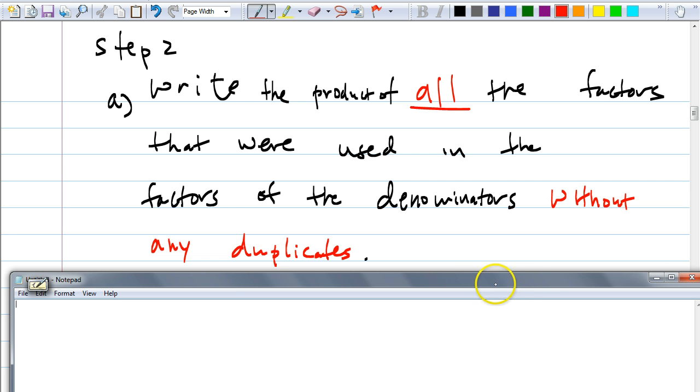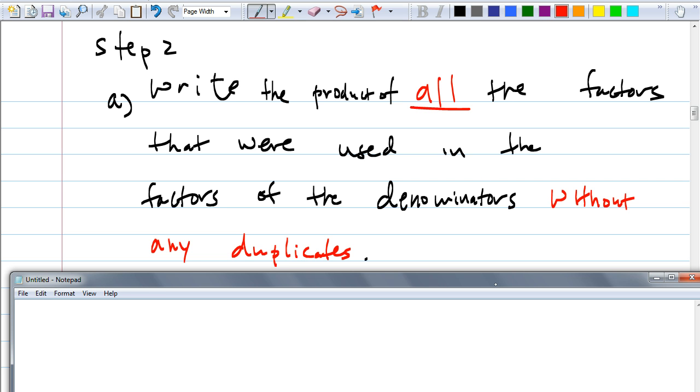So basically what we're doing is we're going to write the product of all factors without any duplicates from both of the denominators. Okay? Yeah, that were used in the factors of the denominators without any duplicates. People still writing, I'll wait.